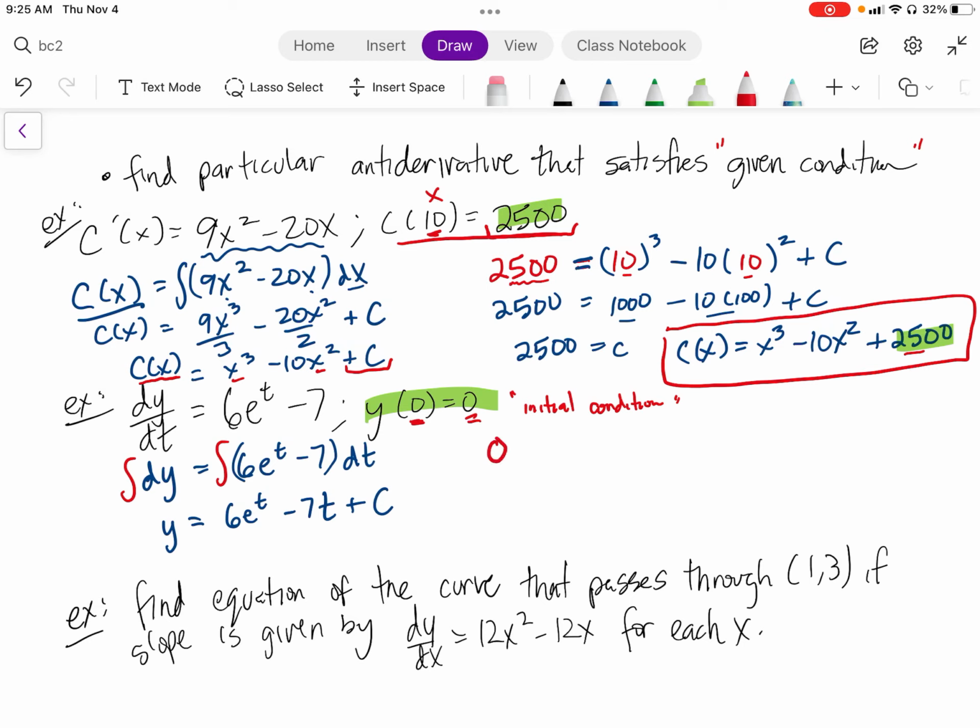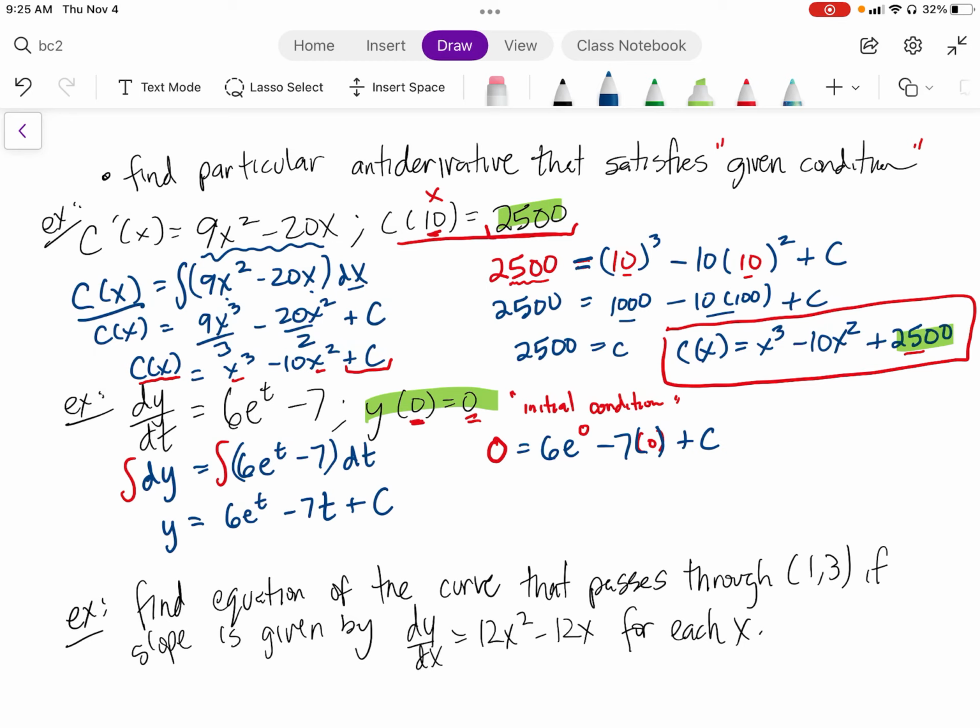I know I get 0 when I substitute 0 in for t. Just like the last one, it just had a coincidence. Don't assume your c is 0. And this one, especially when there's e's, because e to the 0 is not 0, right?